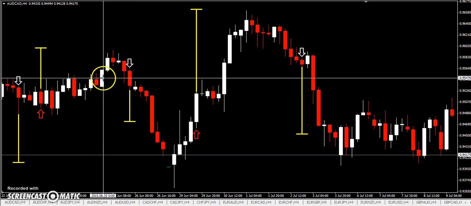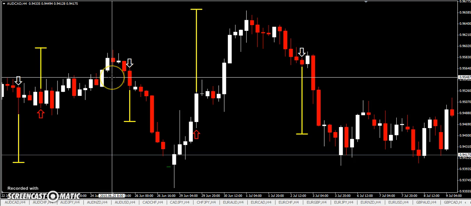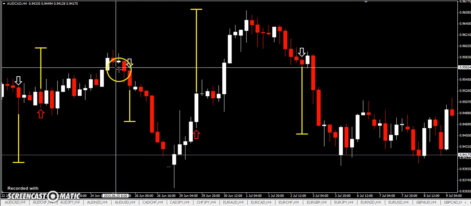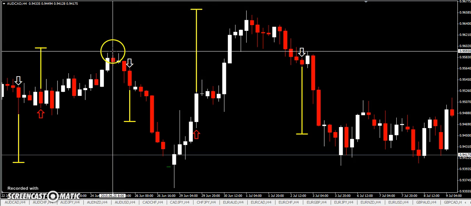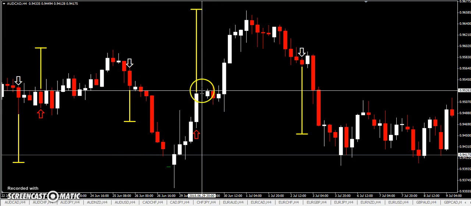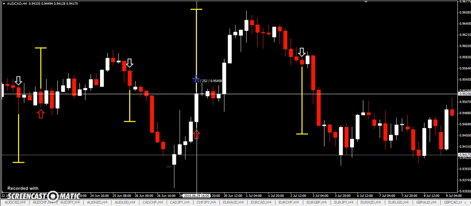Should we use that? Somewhere along those lines. Everybody's different in what they use. We could have gone up to the top here. Whichever. So, what's that one? Well, there's 50 pips, if we're going to use up to there.